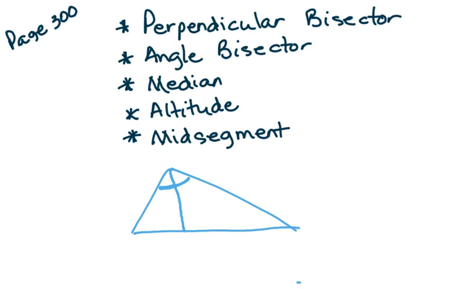So the only thing this does is it cuts this angle in half so that this and this are the same. But these 2 lines are not necessarily the same. You see that? They're different. It does not make a right angle or anything. It just cuts the angle. That's called an angle bisector. It's pretty descriptive of what it is.